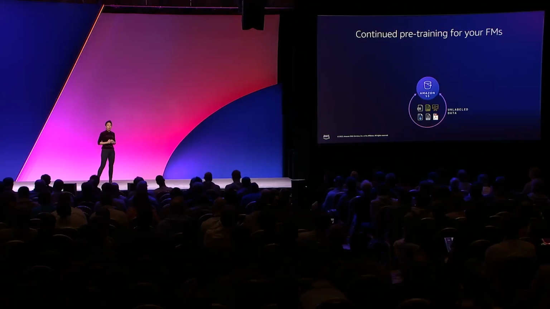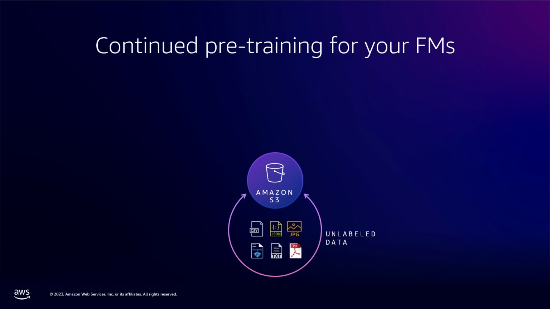Now, the third way that you can customize a model is to do continuous or continued pre-training. In this way, you're picking up where the FM provider left off, and you're using larger, unstructured, and unlabeled data sets stored in your enterprise, like thousands of text documents in your data lake in S3.